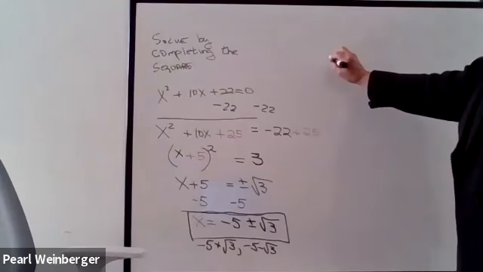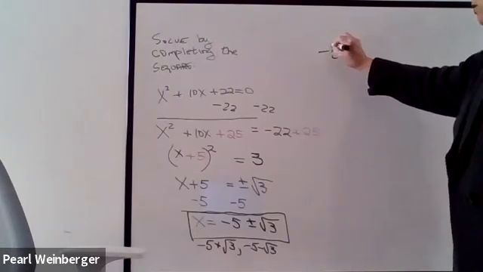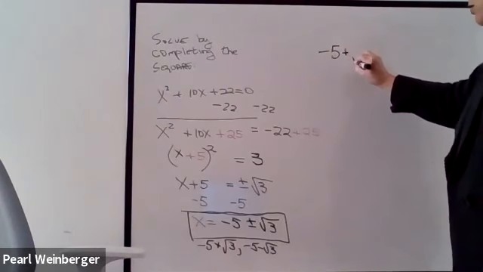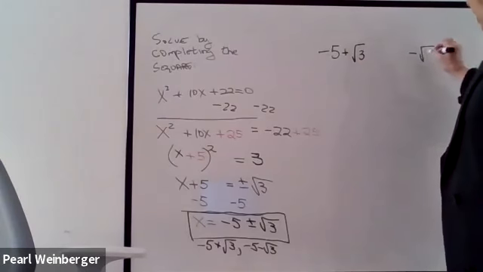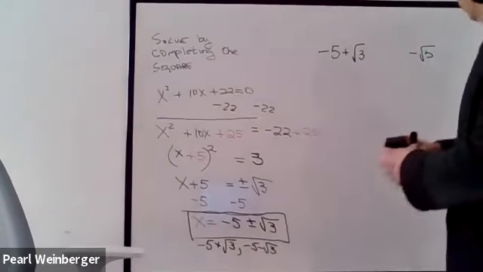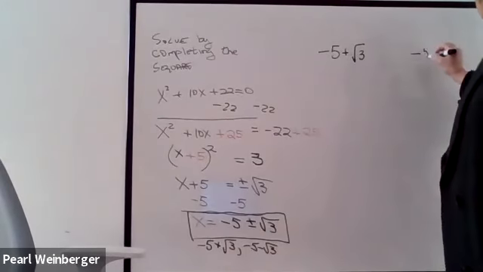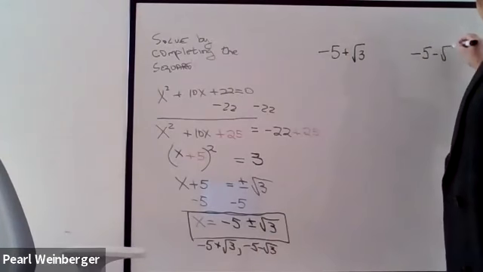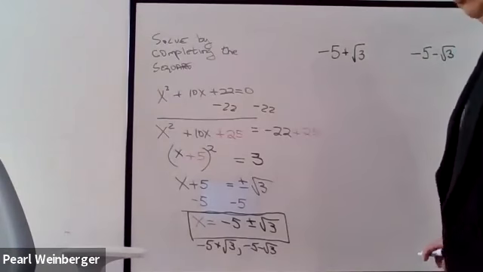So we ended off with two answers. One answer was -5 plus radical 3, and another answer was -5 minus radical 3. As I said, these are answers in radical form.